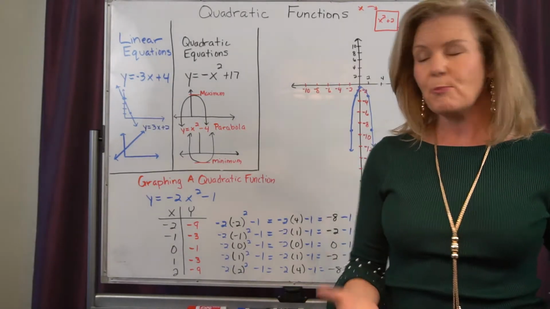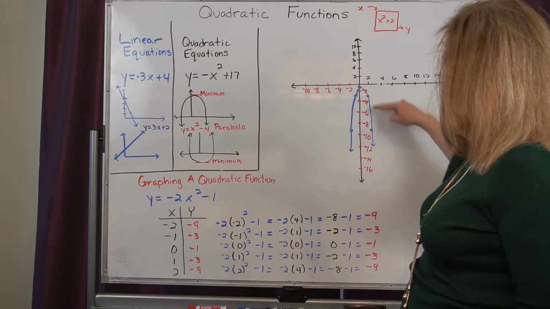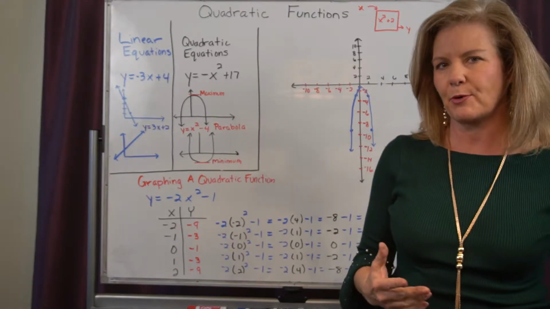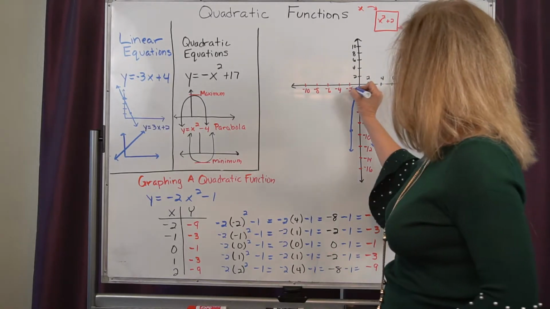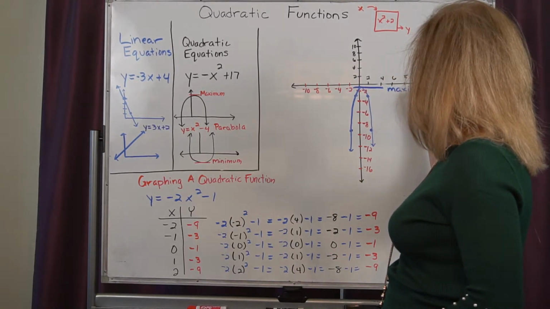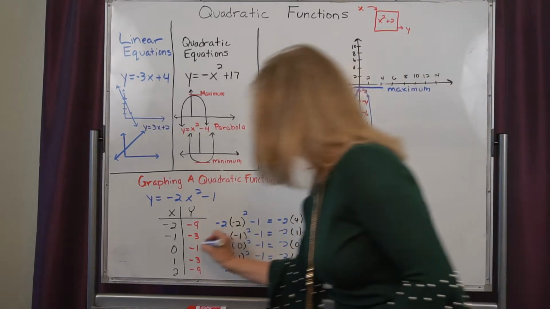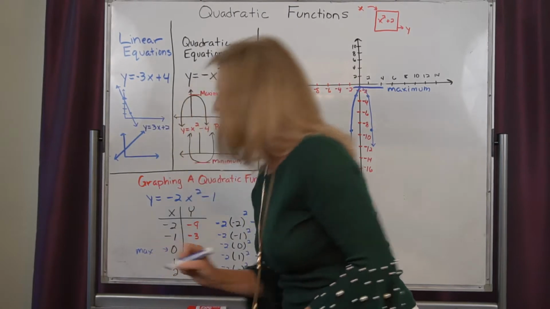My final part is I'm going to connect my points with that curve, and that creates that parabola. And when I see that parabola, I can see right here is my maximum value.